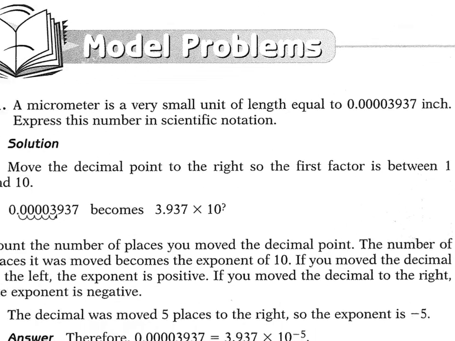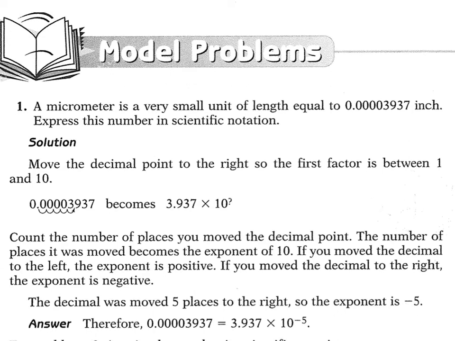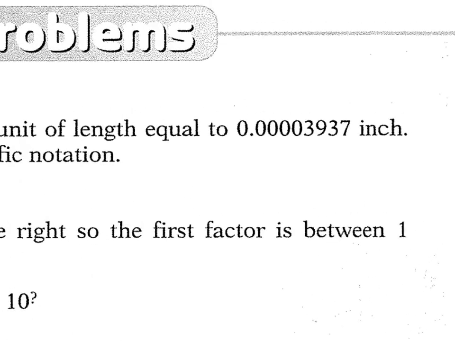So for scientific notation, we move the decimal point to the right, so the first factor is between 1 and 10. So when moving this decimal, we are moving it 1, 2, 3, 4, 5 places. So now we would have 3.937 times 10, and we just said we move this 5 decimal places.